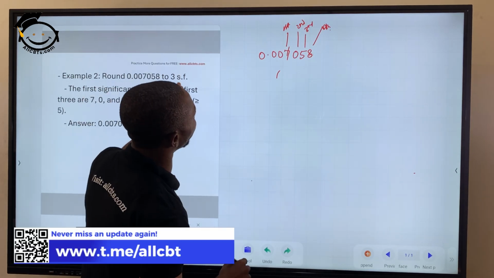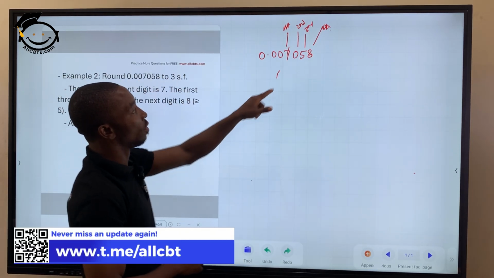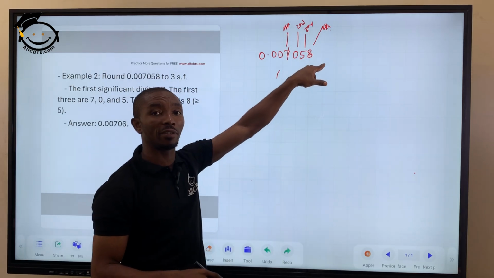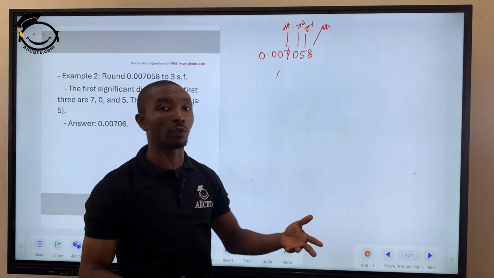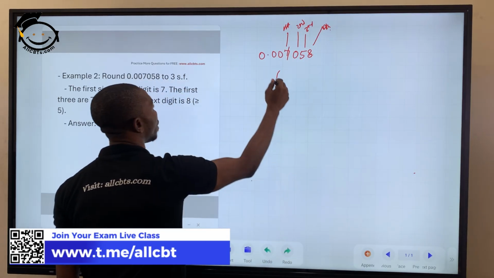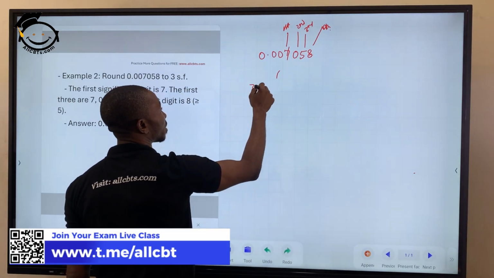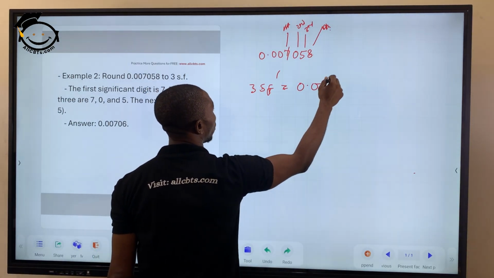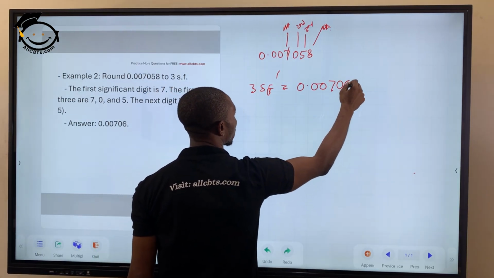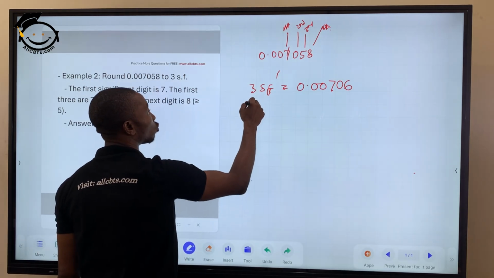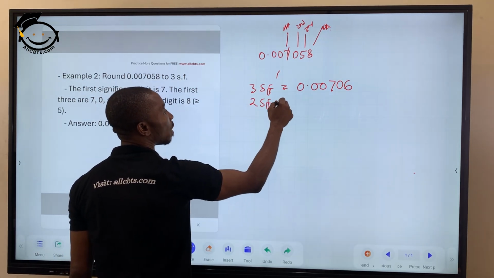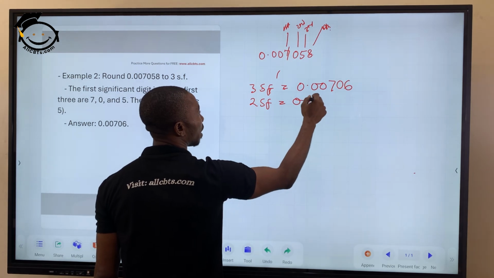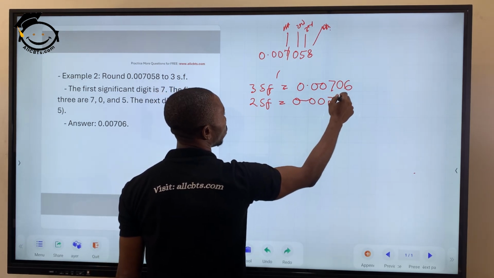So if we're rounding up to 3 significant numbers, the fourth significant number we have here is 8 and is up to 5. So we add 1. So making this to 3 significant figures, this becomes 0.00706. If you are rounding to 2 significant figures, this will be 0.0071.